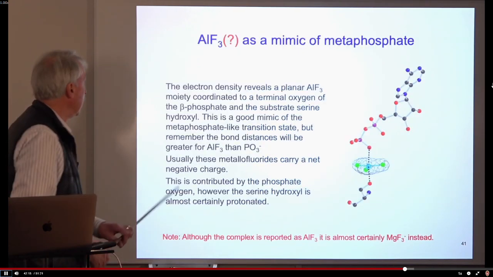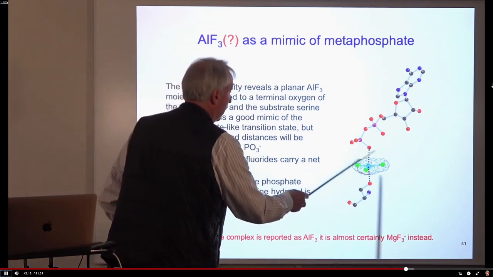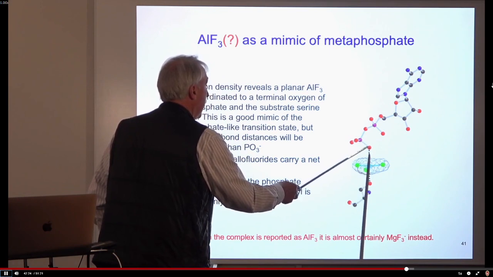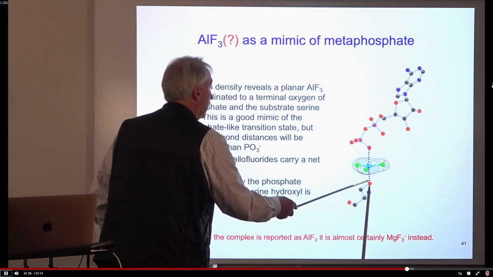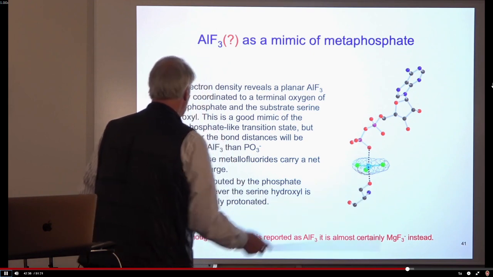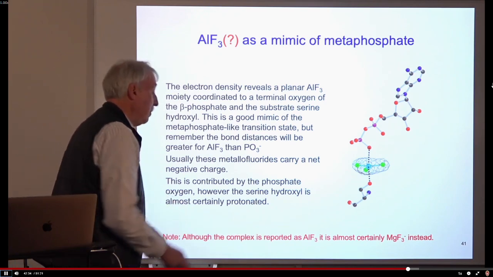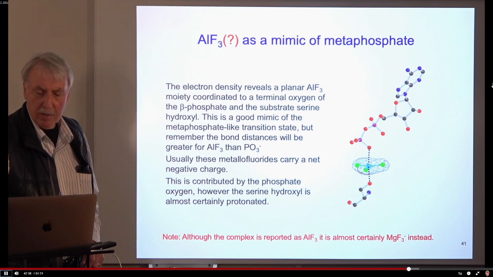This shows the electron density that was observed. So it really is trigonal bipyramidal in nature, and it's coordinated between the ADP oxygen and the oxygen of the serine to which it would be transferred. As I said, this is almost certainly magnesium trifluoride, but that wasn't known at the time that magnesium trifluoride could function as an inhibitor.